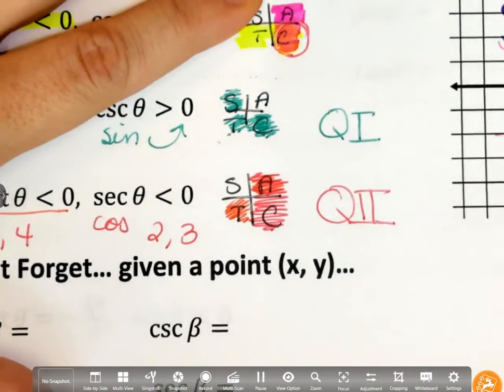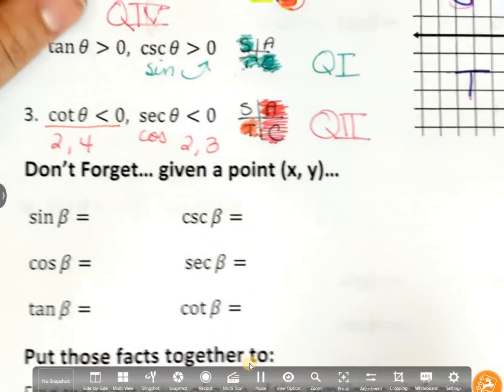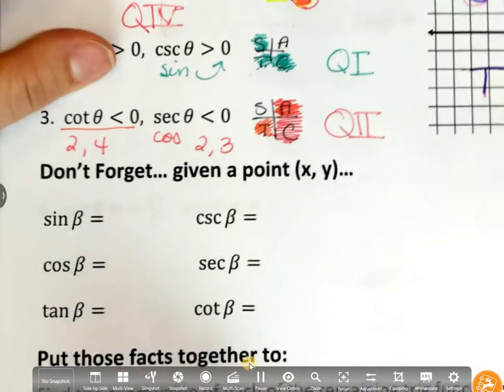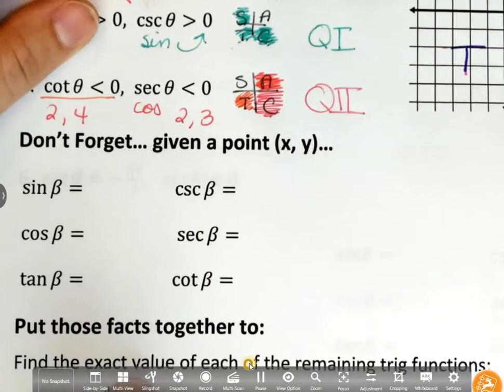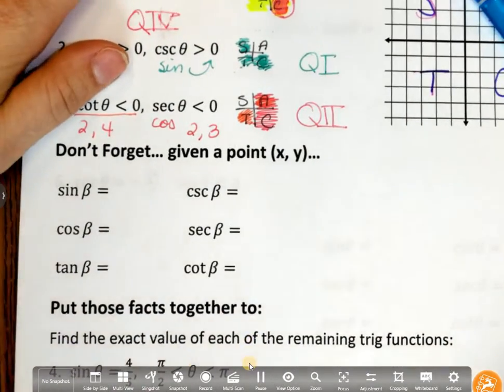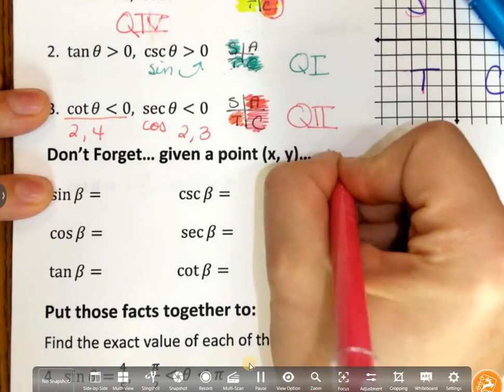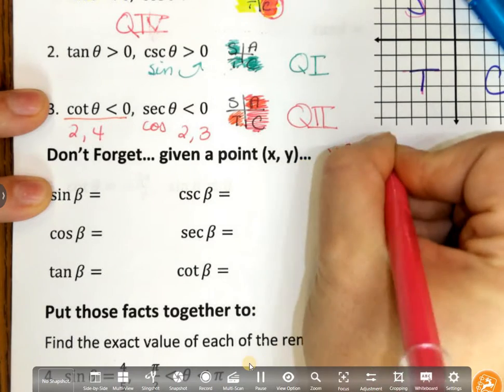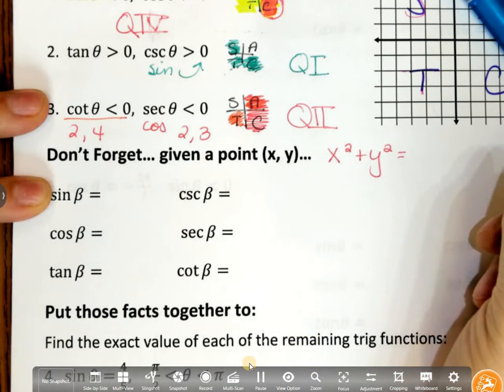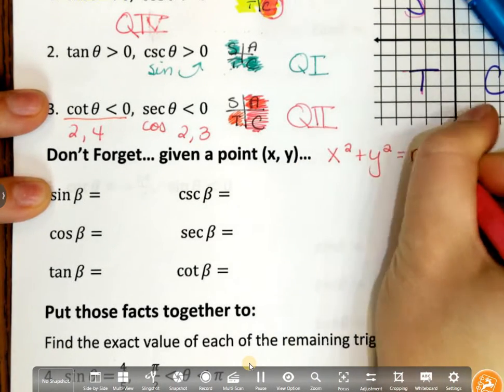Before we finish off, because we have 3 more problems to do today, do a little bit of a refresh. If I give you a point, x comma y, remember that x squared plus y squared is equal to r squared.